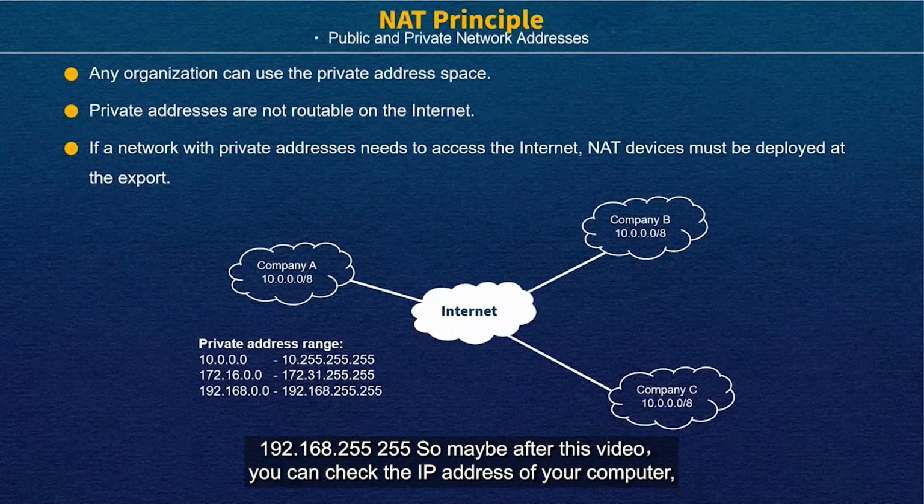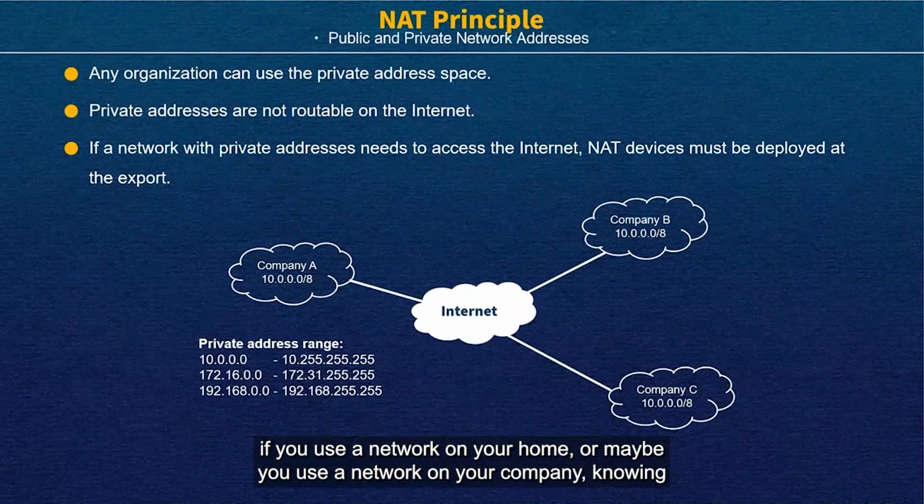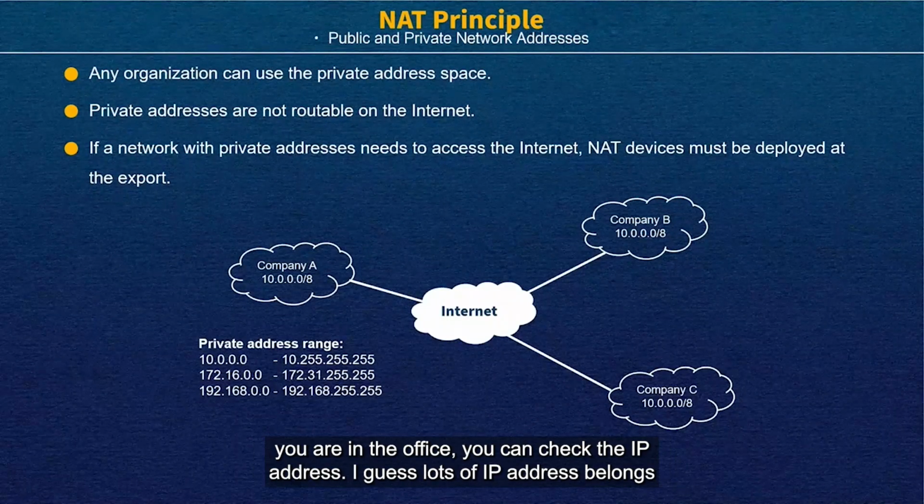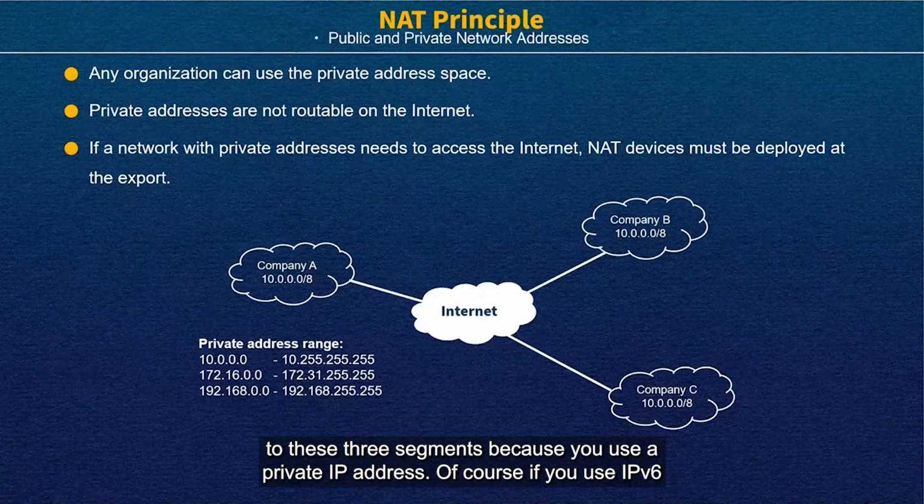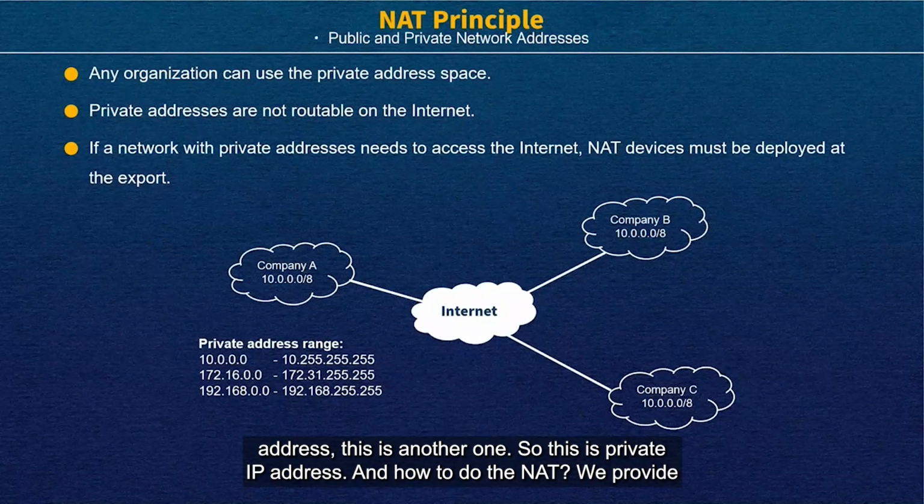So maybe after this video, you can check the IP address of your computer, if you use broadband at home, or maybe broadband at your company. Now you are in the office, you can check the IP address. I guess lots of IP addresses belong to these 3 segments because you use a private IP address. Of course, if you use an IPv6 address, that is another matter. So this is the private IP address.